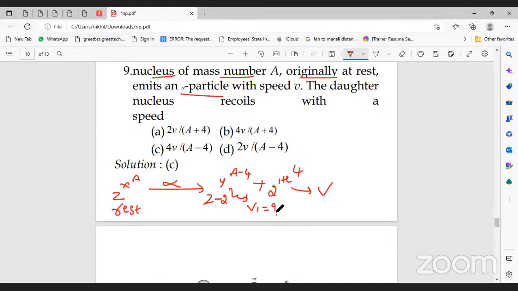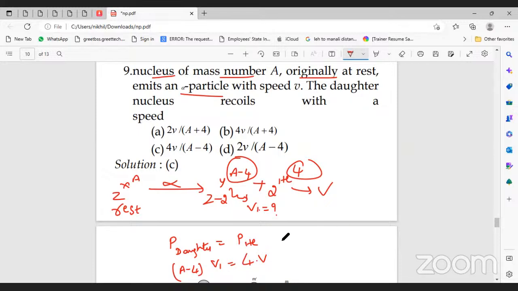You know the conservation of momentum. So the momentum of the daughter nucleus must be equal to the momentum of the helium nucleus. What is momentum? Mass into velocity. Mass is A minus 4 into V1 equals, what is the mass here? 4 into V. What is V1 from this equation?